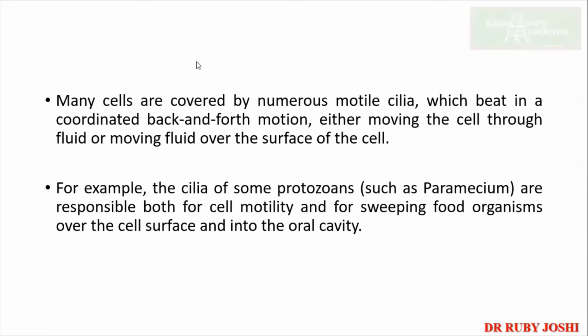Now, these cells are covered by numerous motile cilia. They beat in a coordinated back and forth motion, either moving the cell through fluid or moving fluid over the surface of the cell. Did you get it? Either you push the water so that you go ahead, or you push it from above so that you can swim. Okay. For example, the cilia of some protozoans such as Paramecium are responsible both for cell motility and also for sweeping the food organisms over the cell surface into the oral cavity.